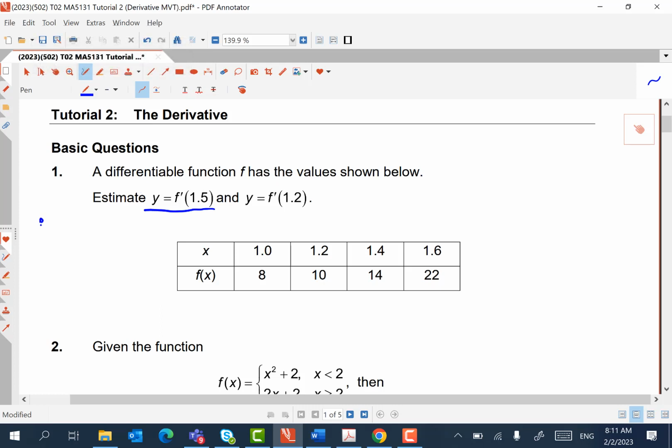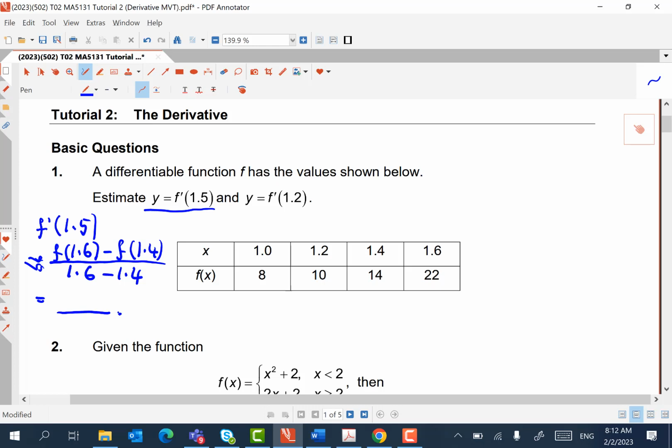So to estimate f prime of 1.5, we are going to use f of 1.6 minus f of 1.4. Right. This is how we do the approximation. So this is how we actually approximate f prime of 1.5.